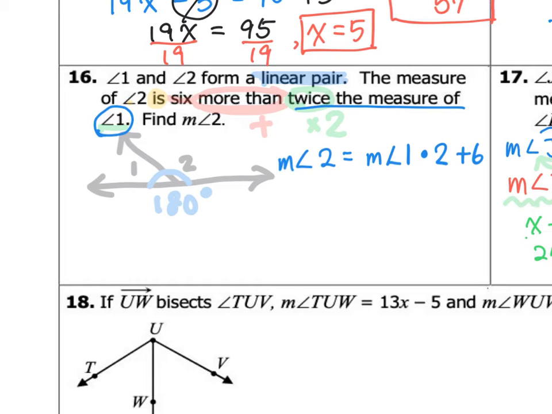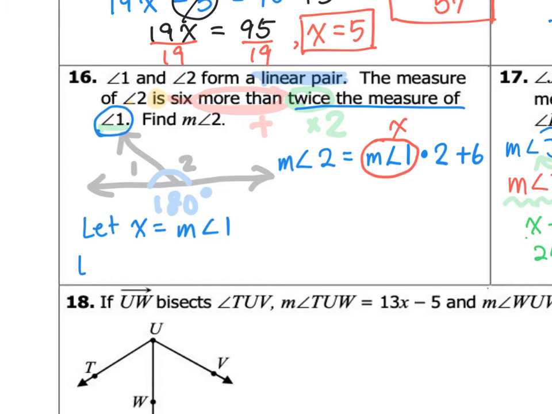All right? So we can use variables for them because we don't know the measure of angle 1 and the measure of angle 2. Those are unknown yet, right? So let x equal the measure of angle 1. Instead of the measure of angle 1, we can replace it with x, right?